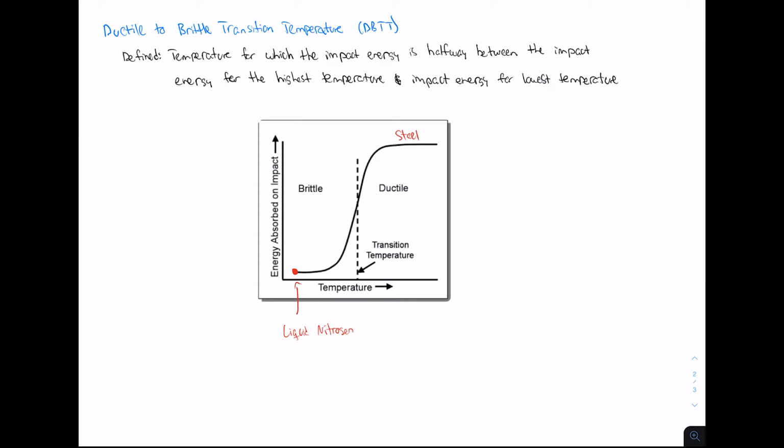As we start to increase our temperature for this steel, it's going to start to behave more and more ductile. Now at this point, or in this range up here, let's say that this is boiling water. So in this case, the temperature is quite high.